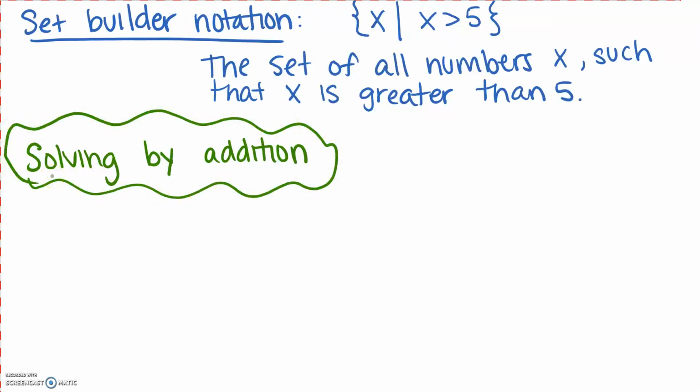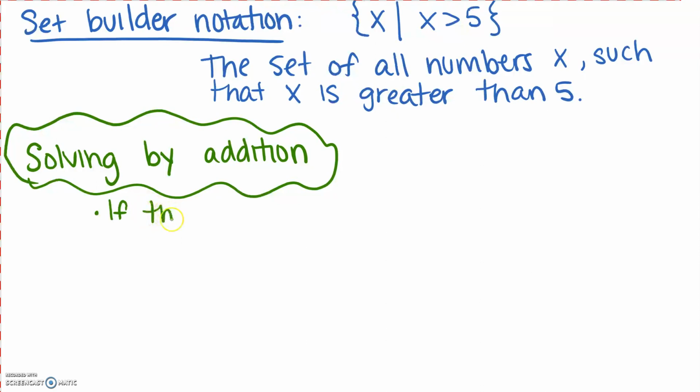Okay, so solving by addition, basically the same rules apply as when we use inverse operations solving with variables. If the same number is added to each side of a true inequality, the inequality remains true.